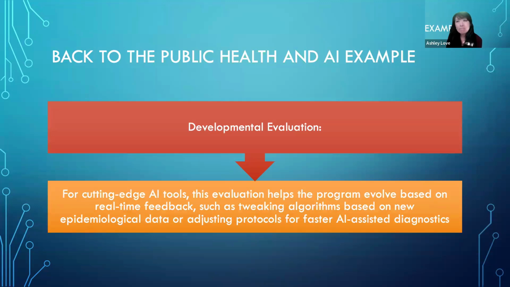The developmental evaluation. So the AI tool is still cutting edge. It's only been on the market for the public for less than 2 years since it came out. OpenAI came out with it in November of 2022, I believe. So this evaluation is going to help based on real-time feedback, such as going back and tweaking based on new epidemiological data or adjusting protocols depending on the AI diagnostics.